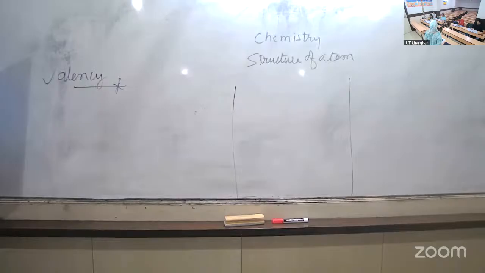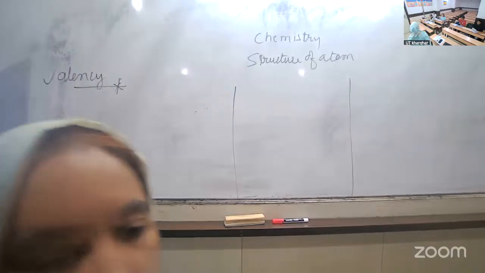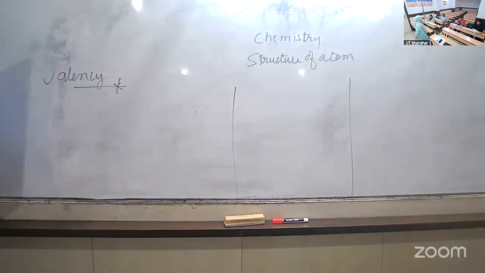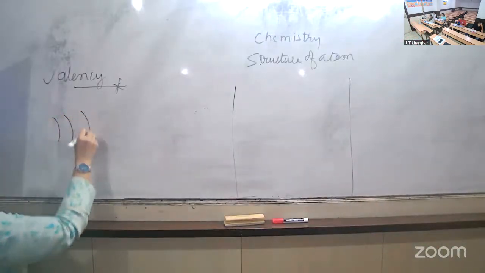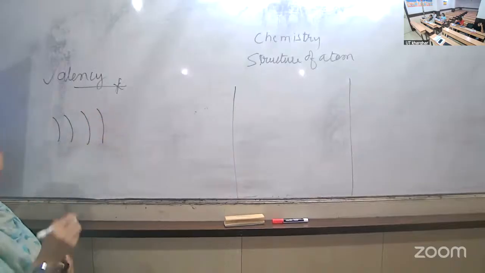Okay. Now, how many shells we have seen last time? उधर मत देखो, please don't refer that. थोड़ा टाइम के लिए. मतलब टोटल कितने हो गए? 4. Okay. These shells we write generally in this way: K, L, M, and N. Right?